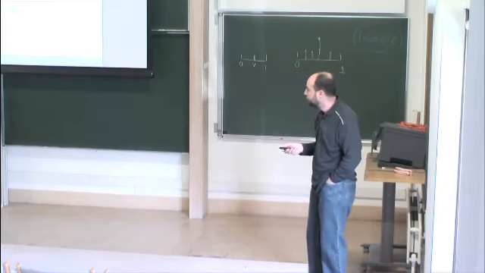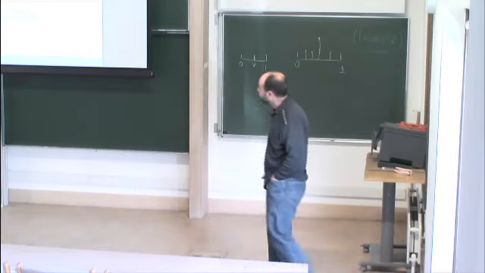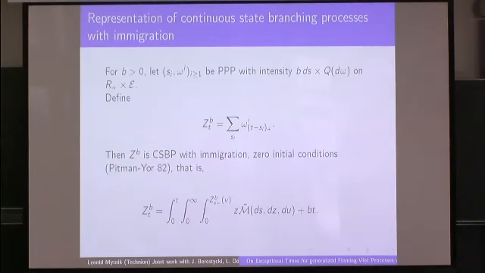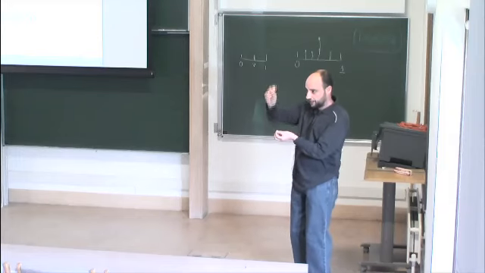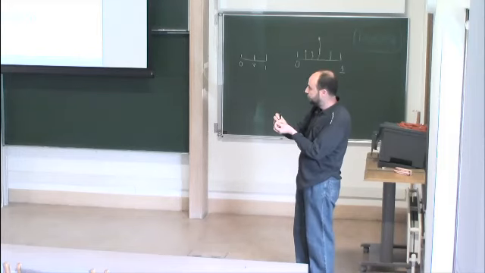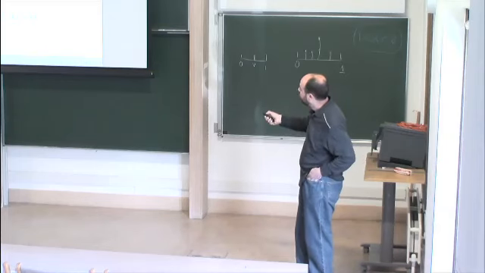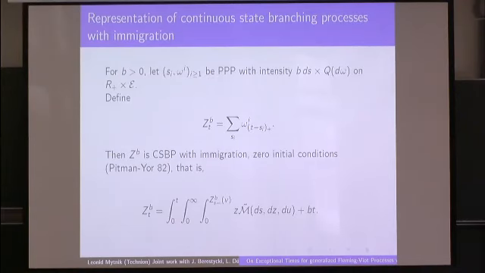And what is important here is that if I have this law of clusters starting from infinitely small mass, I can define the process via a Poisson point process construction.